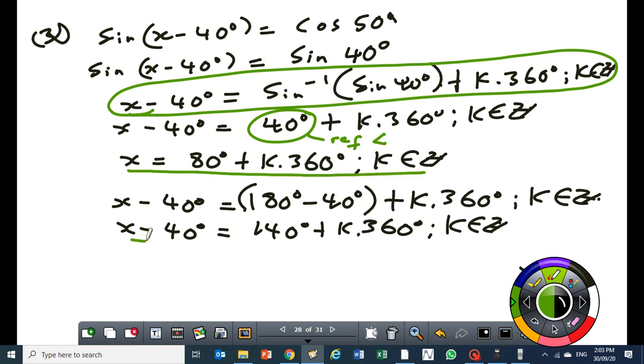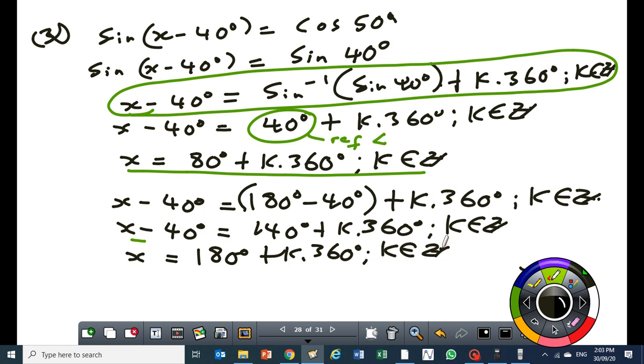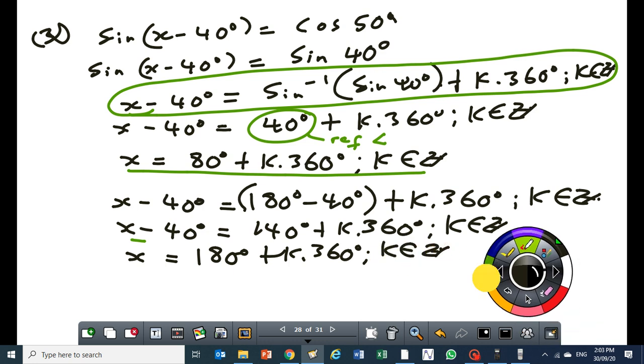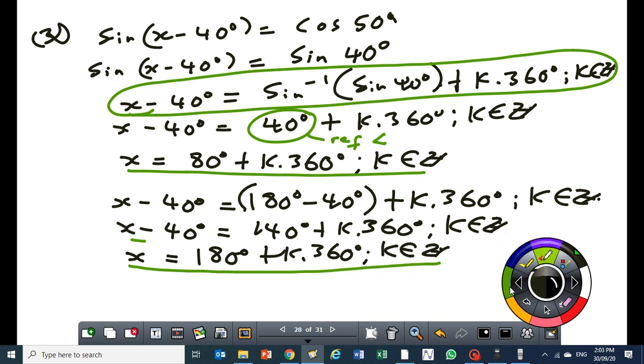I need to simplify this further. So this becomes x equal to, if I take the minus 40 to the other side, 180 degrees plus k times 360, where k is an element of z. So I now have two general solutions here, two of them.